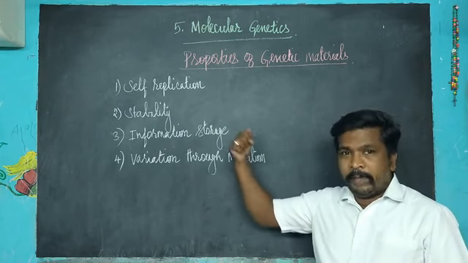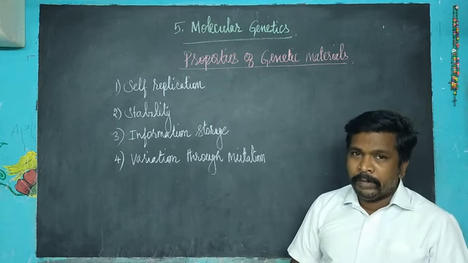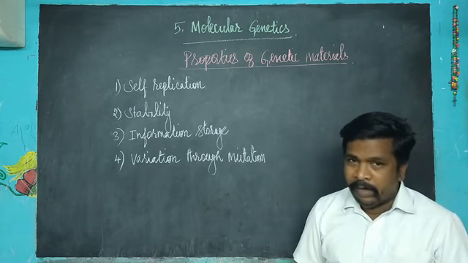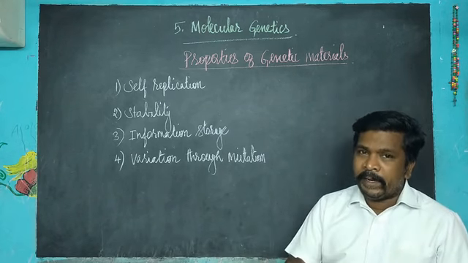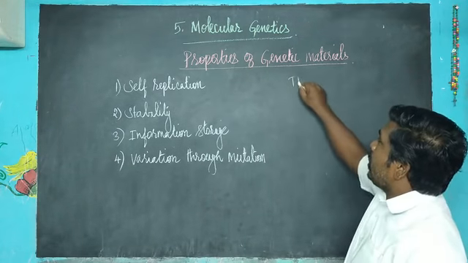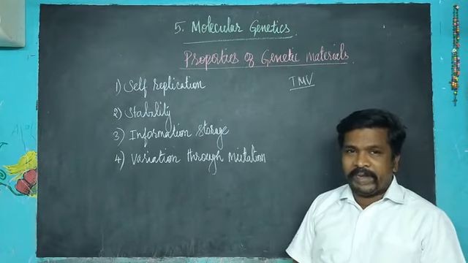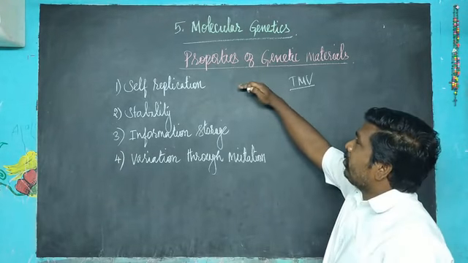According to the Hershey-Chase experiment, DNA is the only genetic material, not protein. In certain organisms, DNA is the genetic material, and in certain viruses like TMV, RNA is the genetic material, as we discussed in the previous classes. Okay. And now we are going to learn about the properties of genetic material.